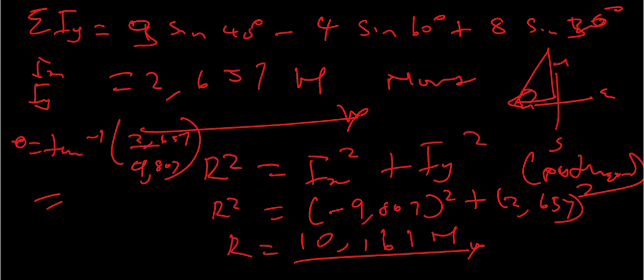And when we punch this on the calculator, we say the inverse tan of 2.657 divided by 9.807 is going to be 15.159 degrees.